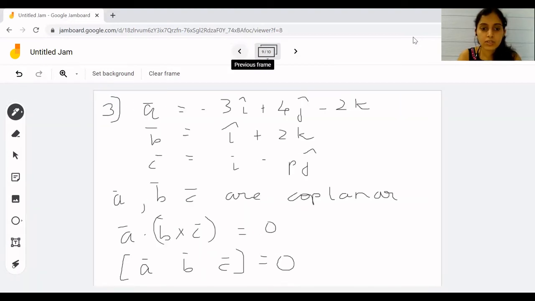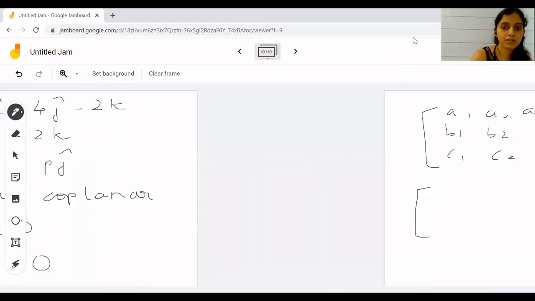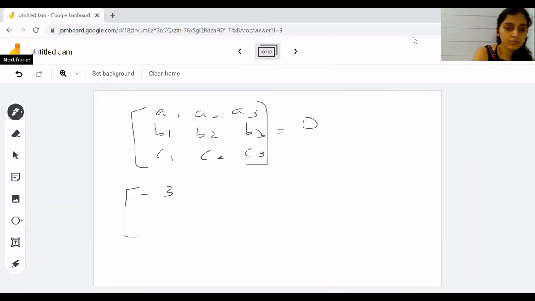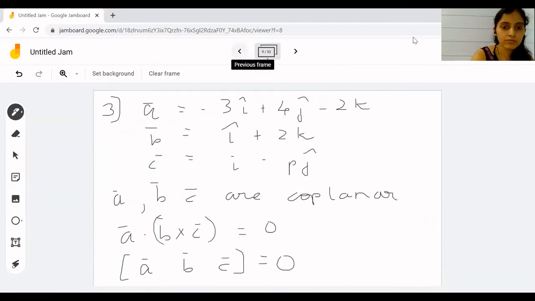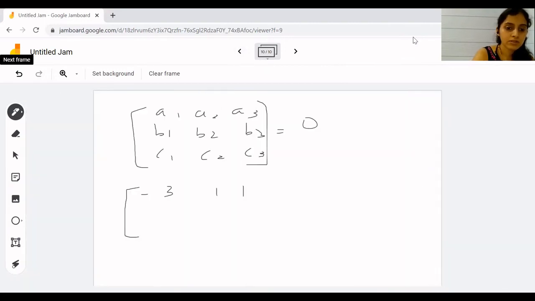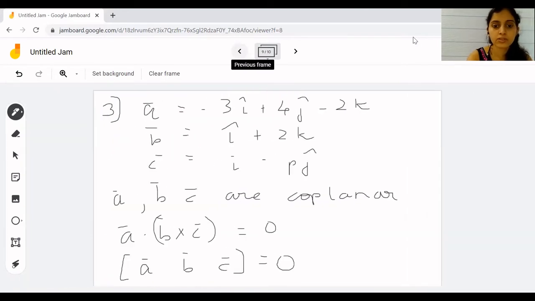So A1, A2, A3, minus 3, 1, and 1. B1, B2, B3, 4, 0, and minus P. C1, C2, C3.